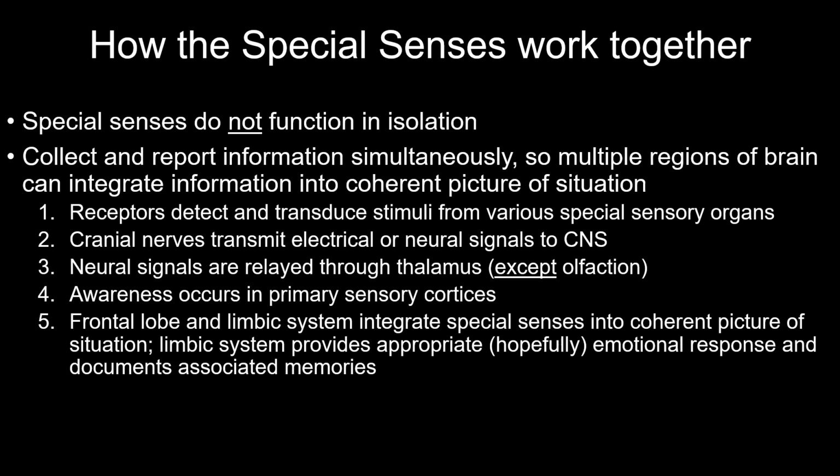After that, the frontal lobe and the limbic system are going to integrate these special senses, with each primary cortical area having significant connections to each of these, allowing you to convert all of this information into some sort of coherent, meaningful picture.